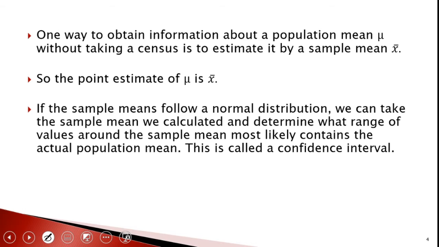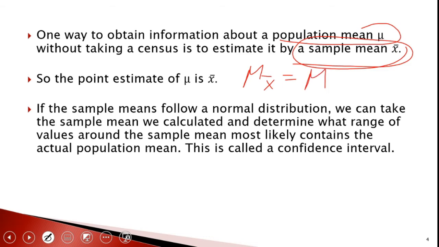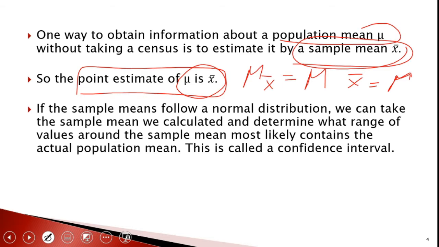We can estimate the population mean mu without taking a census by simply taking the sample mean x bar, because you remember that mu x bar equals mu. So in the point estimate case, mu is equal to x bar.